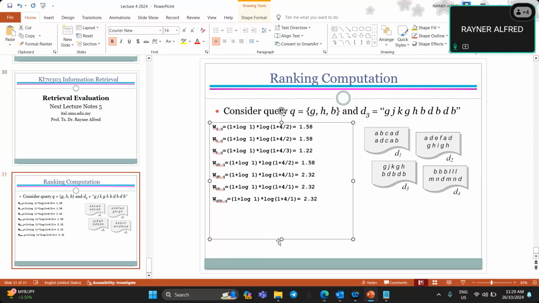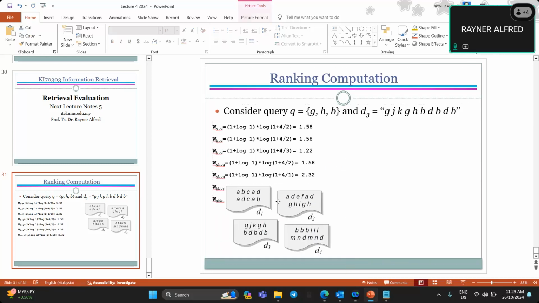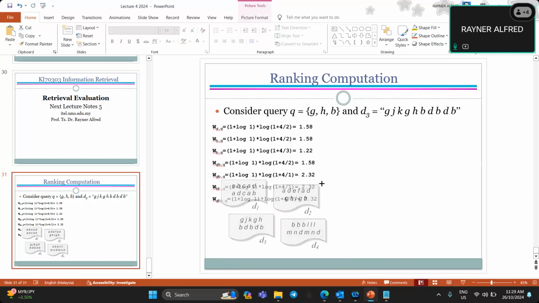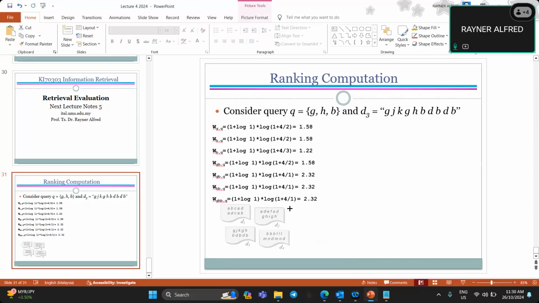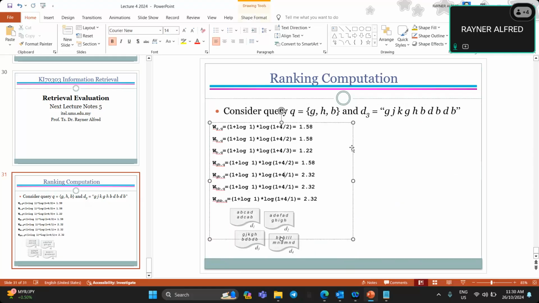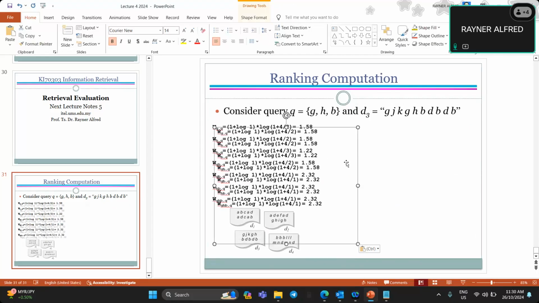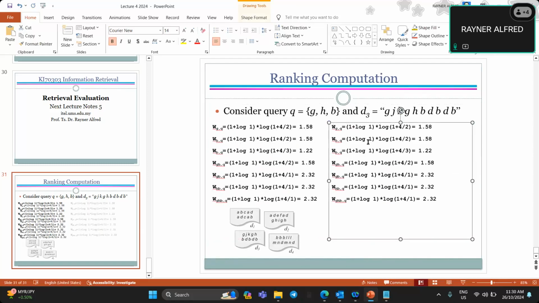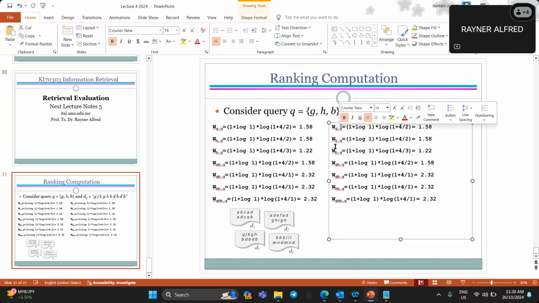Okay, so this is the weightage of all those in the query. So now we have to look in the document itself. So this is in document 3.